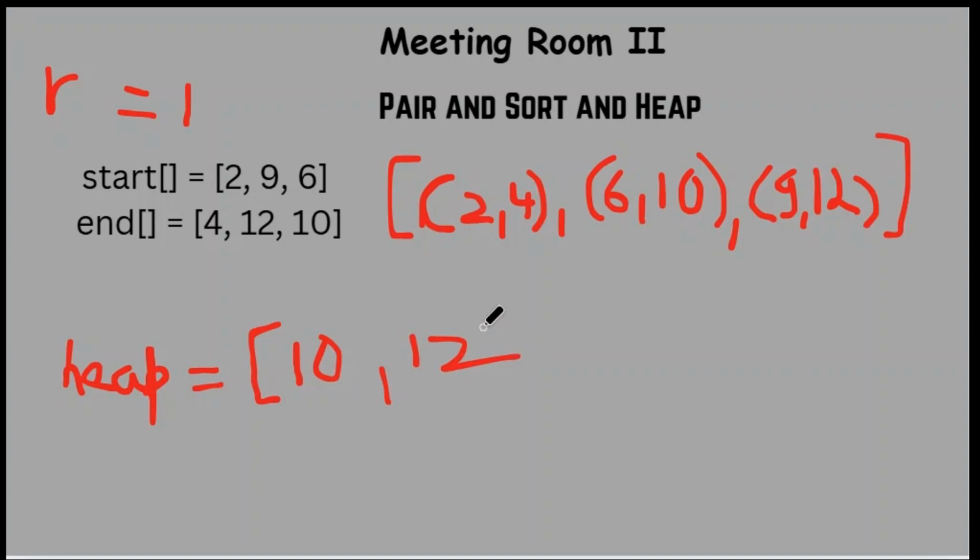And now the length of the heap is 2. So you have to return the value of rooms, the number of rooms required will be 2. So this is the final answer.